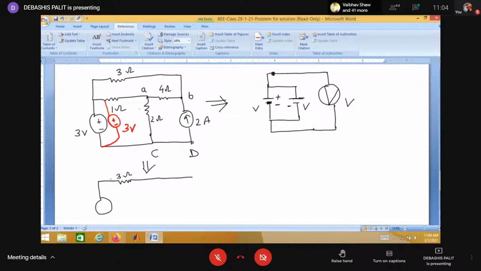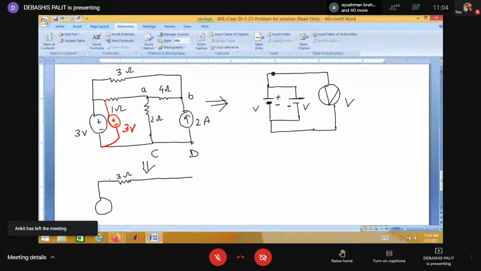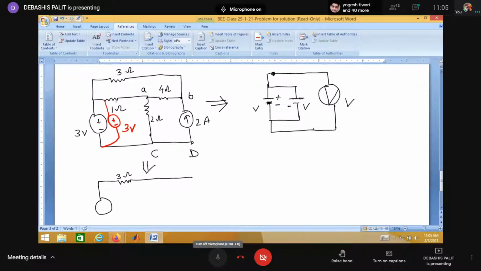If there are two voltage sources in parallel with identical polarity, the actual effect will be the same, isn't it? Please respond. Yes, sir. I'm just considering two voltage sources equivalently, connected in identical polarity, same voltage source. So the actual point is same.